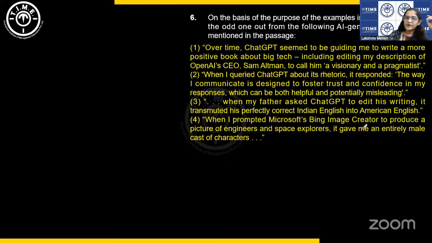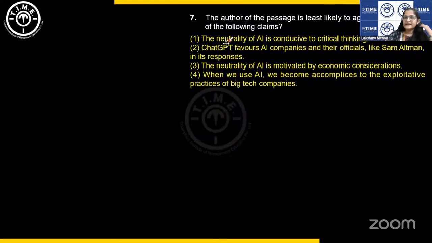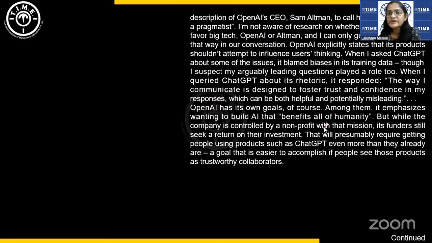Now, which of the following claims is the author of the passage least likely to agree with? Least likely to agree with. Here it says the neutrality of AI is conducive to critical thinking. No. First of all, the author does not really say that it is neutral.